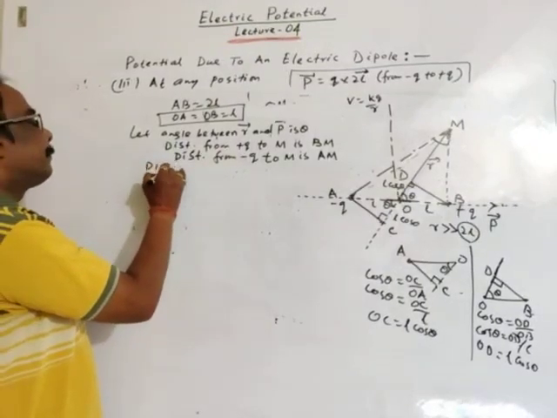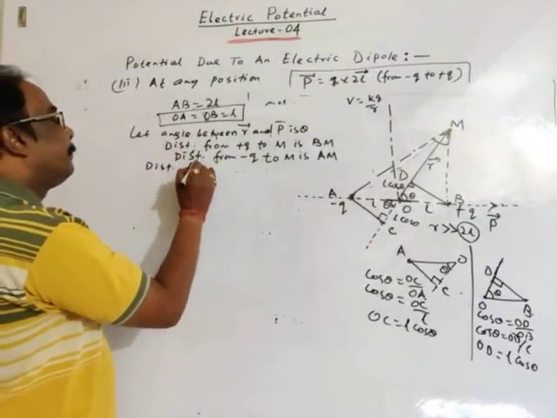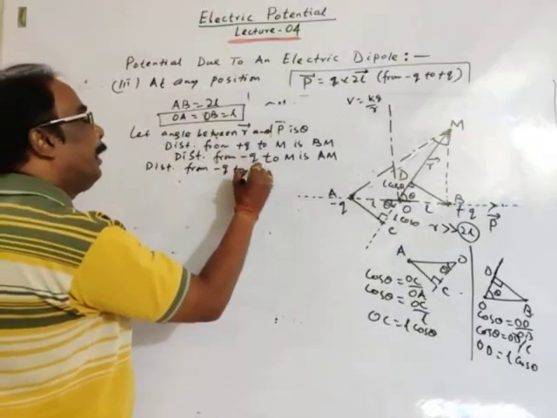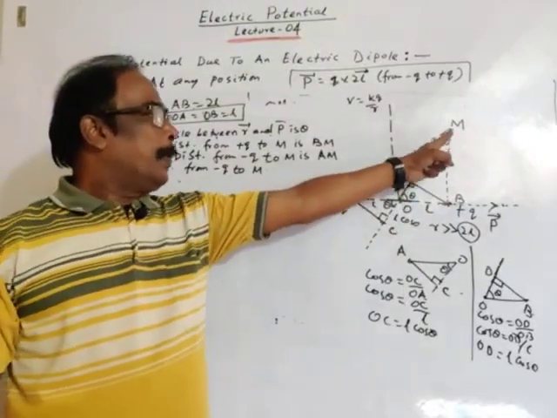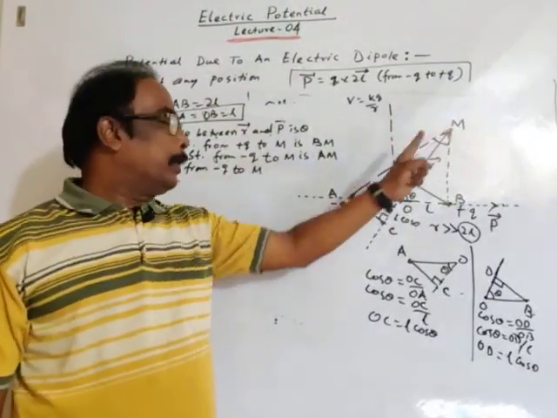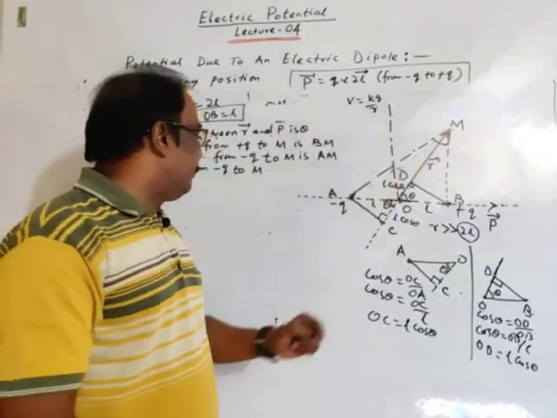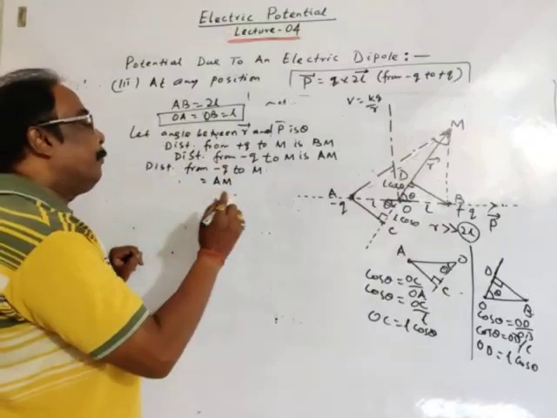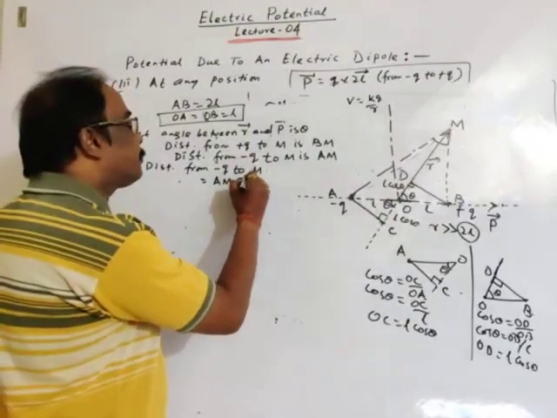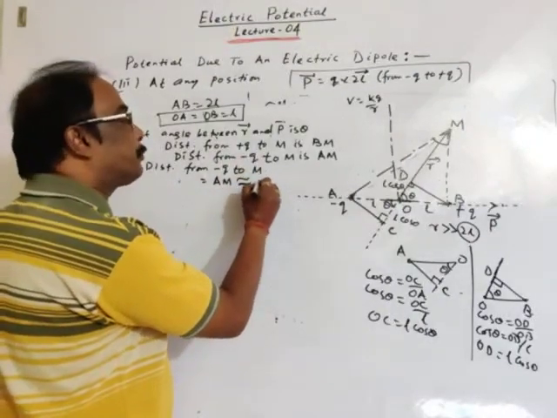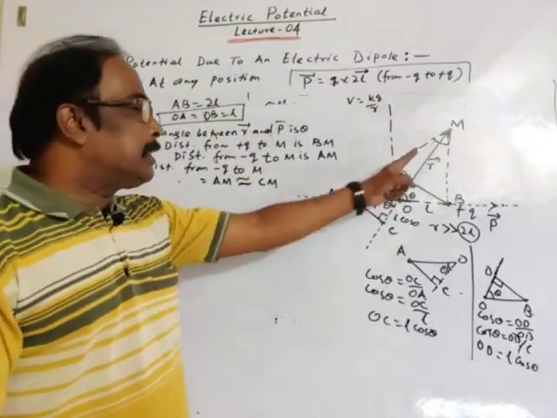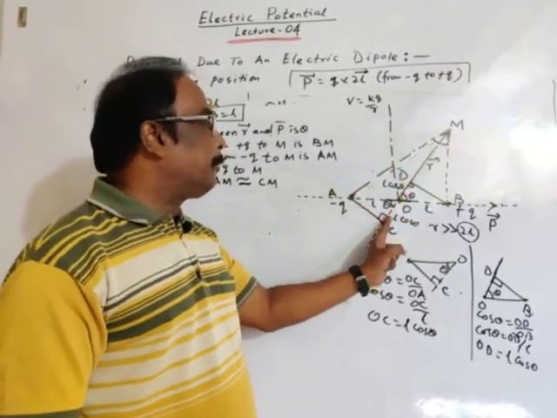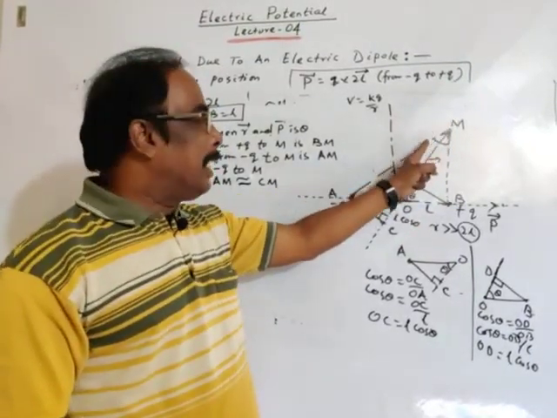Distance from minus Q to M. We have to find potential due to dipole at M. So distance from minus Q to M is AM, which is approximately equal to CM. If this angle is very small, then AM is equal to CM.